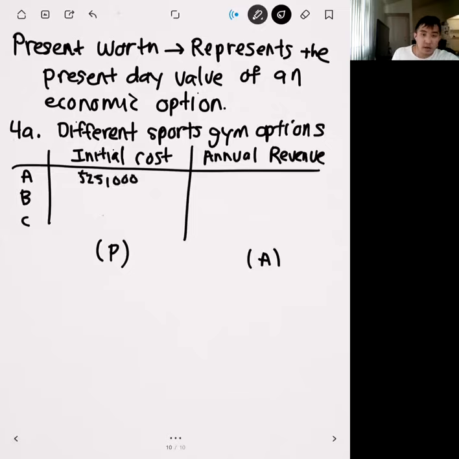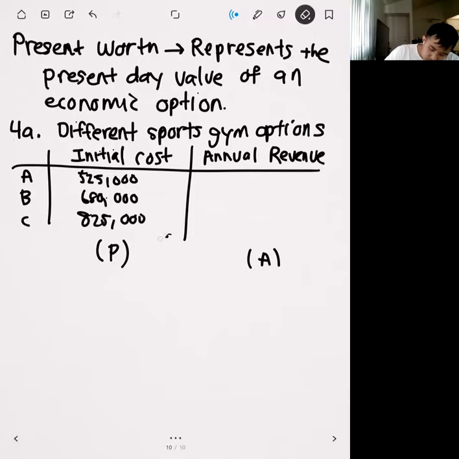Okay. So the initial cost for option A will be $525,000. And so the initial cost for option B is $680,000. And then the initial cost for option C is $825,000. Okay. And so in terms of annual revenue, option A will make you $125,000.